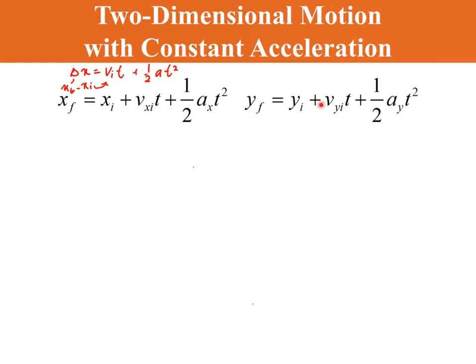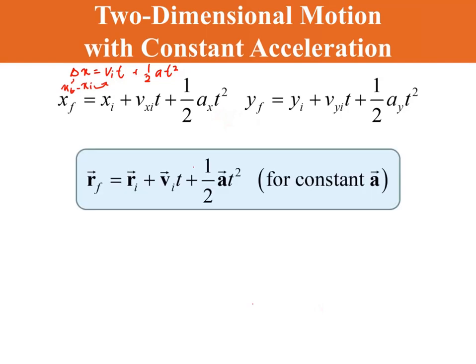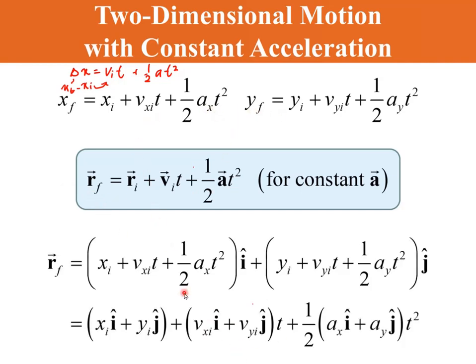Alright, in terms of the vector, the displacement vector r, we can rewrite this equation as r final equals r initial plus v initial t plus half a t squared, where r is basically these two. This is just to explain where the equation comes from.